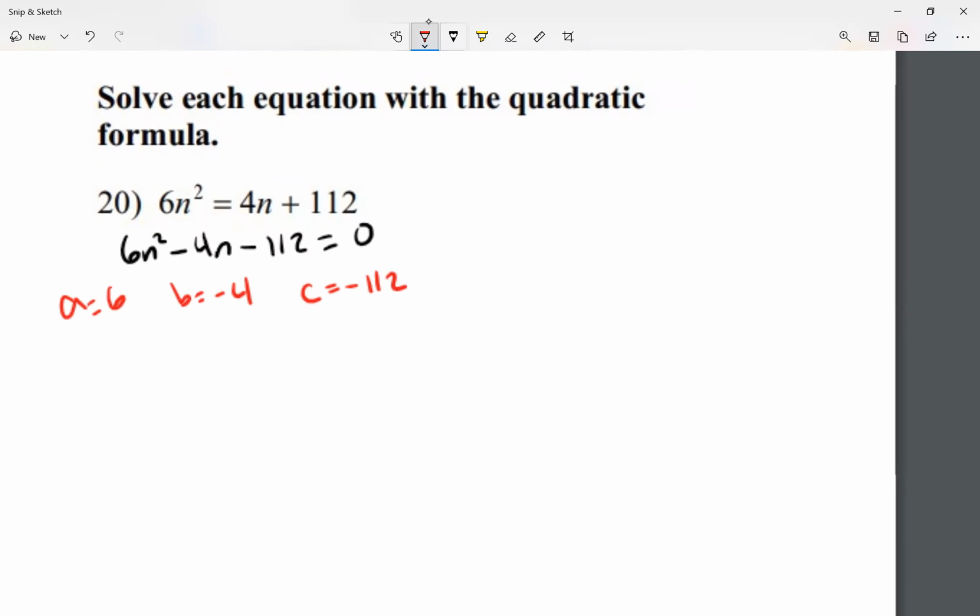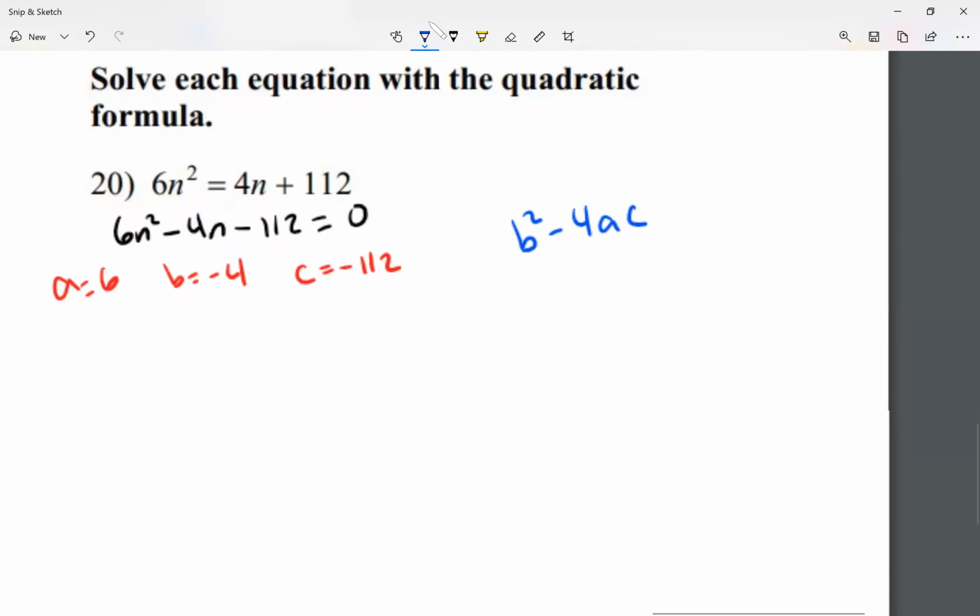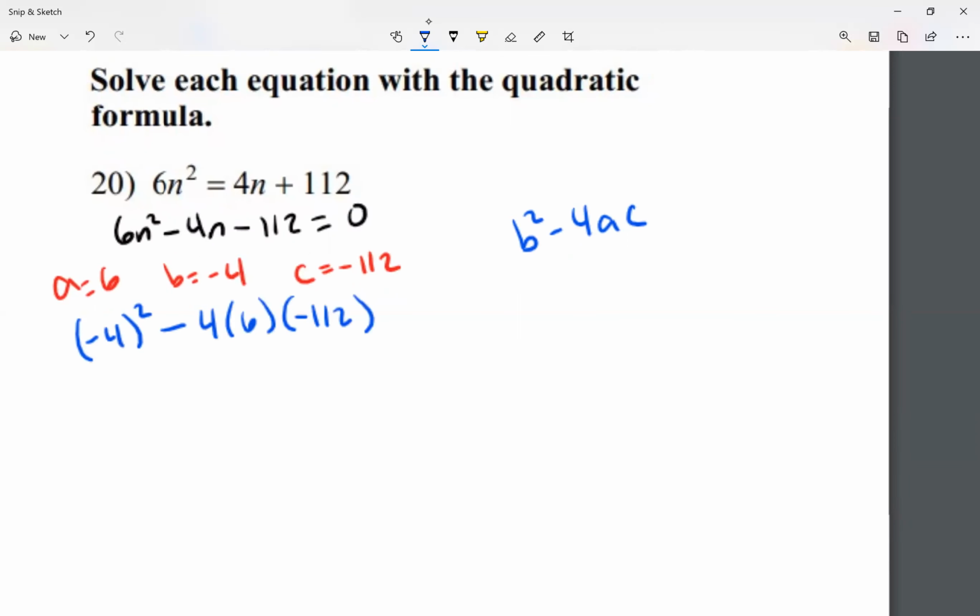First thing I'm going to do, I'm going to work the discriminant. B squared minus 4 times A times C. So I have negative 4 squared minus 4 times 6 times negative 112. I know negative 4 squared is 16, minus, in my multiplication, there's a negative sign.